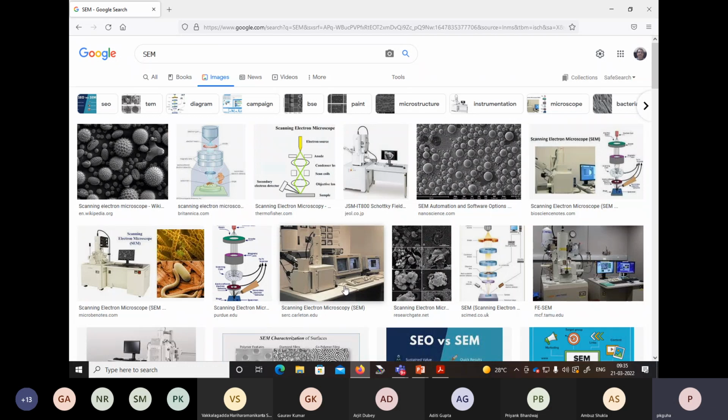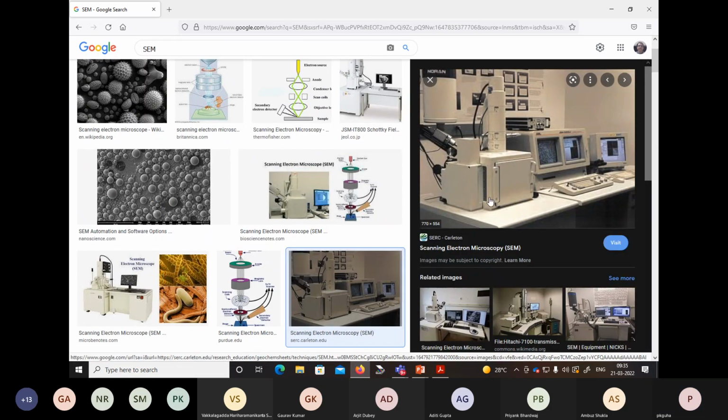Yeah. So the actual SEM looks like this. There is a computer where you can see the images and capture them. There is a column, and on top of the column there will be your electron gun.